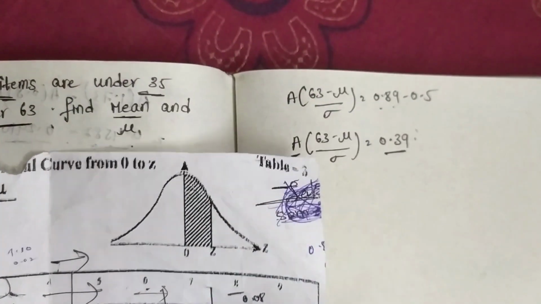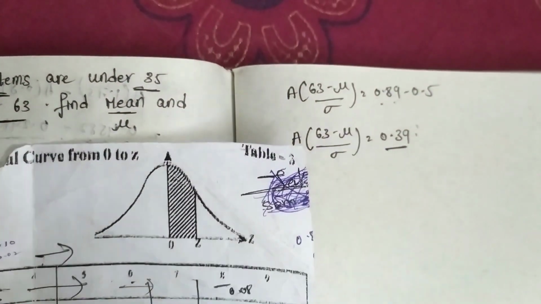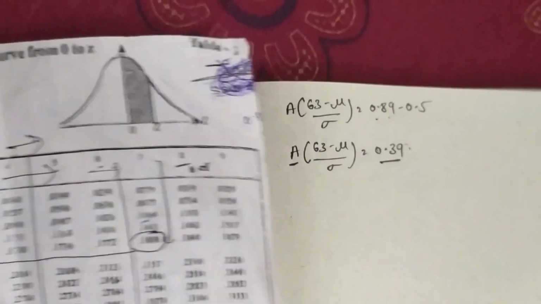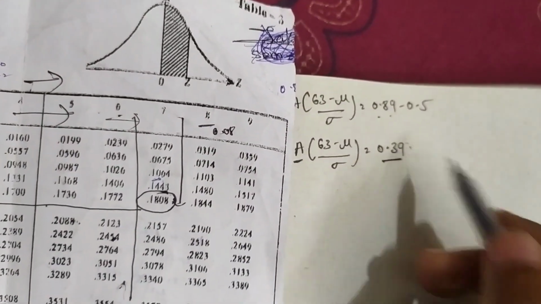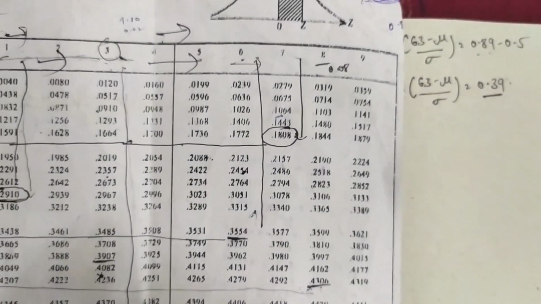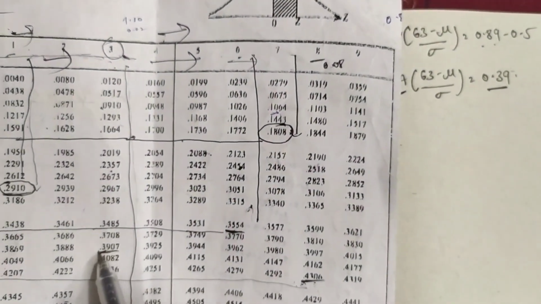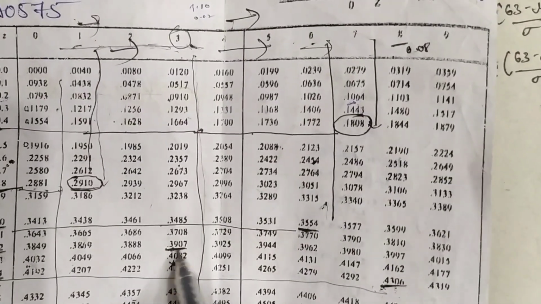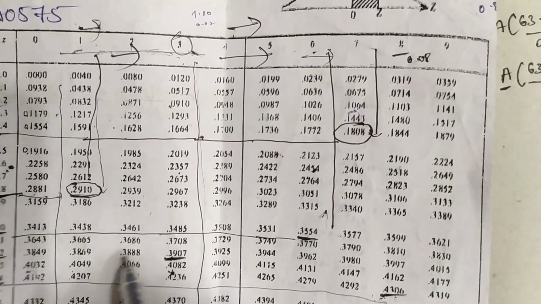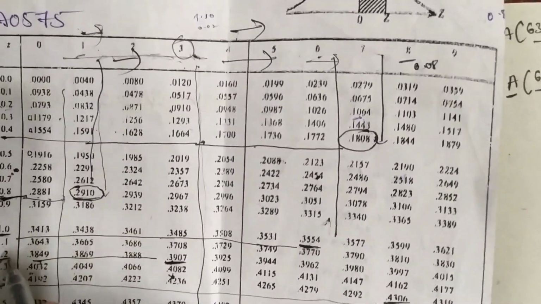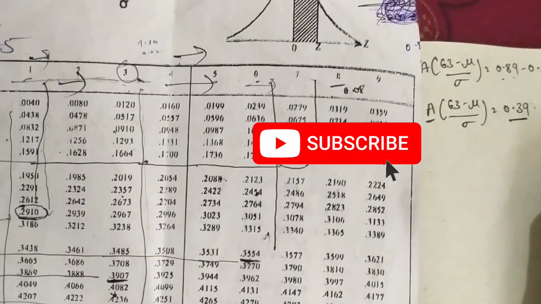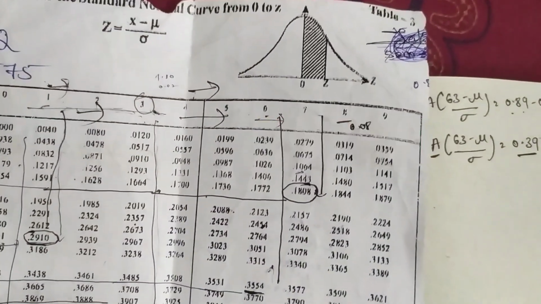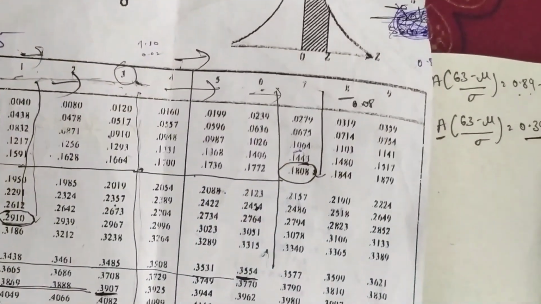For finding the argument value, we look for this value in the middle of the distribution table. We see the 0.39 value is starting here, that is for 1.2 plus 0.03.